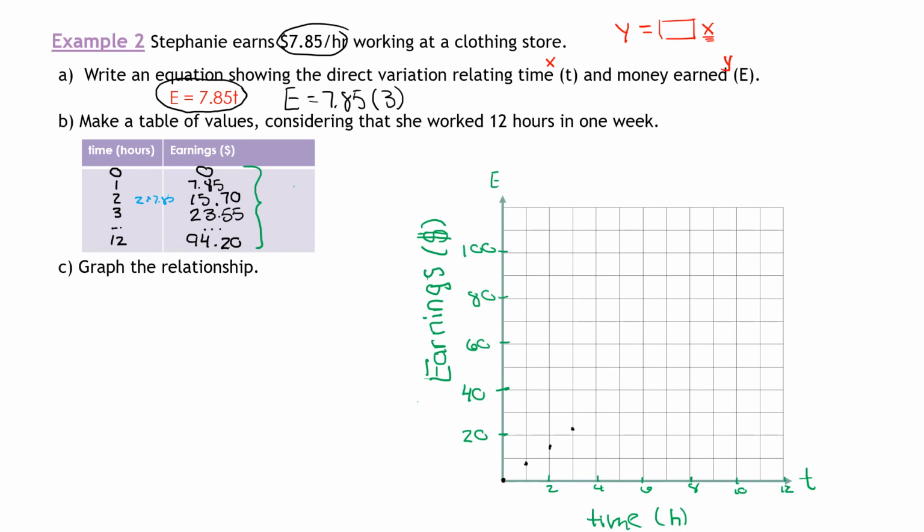So I've got my first few dots on here, the first coordinates from here, because I only wrote in 0 to 3. Now I don't want to have to get out my calculator and figure out every 7.85 more, so I can fill in the dot. Because my relationship is linear, I can skip right to 12 and 94.20, and I can put that on. I'm going to keep my eye on these points here.